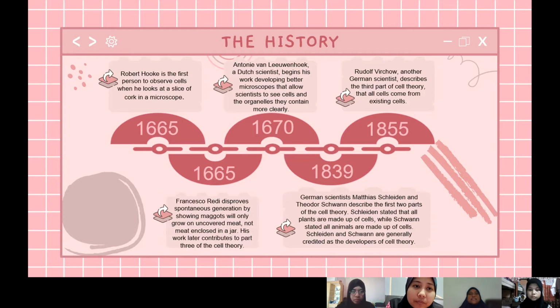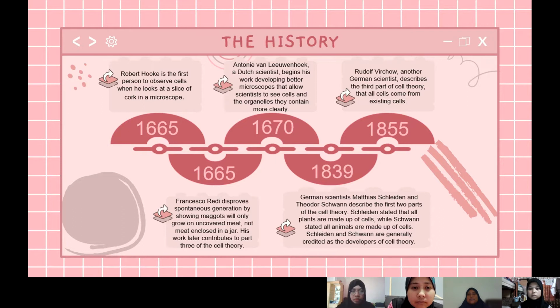Next, in 1670, Anthony van Leeuwenhoek, a Dutch scientist, began his work developing better microscopes that allowed scientists to see cells and the organelles they contain more clearly.